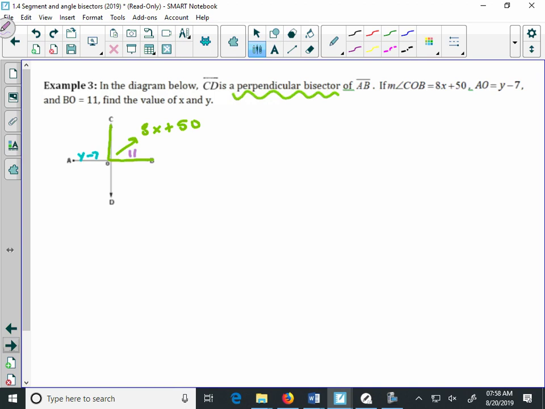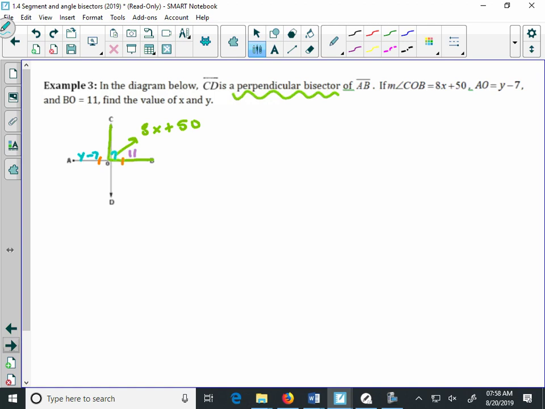So if we know CD is cutting AB in half, what do we know about AO and BO? They're the same, so I'm going to mark them with tick marks because I know they're the same. And then because it's perpendicular, what do we know about all four angles? They're all 90. So I'm going to put a little box here for COB to show that it's a right angle, to show that it's 90 degrees.